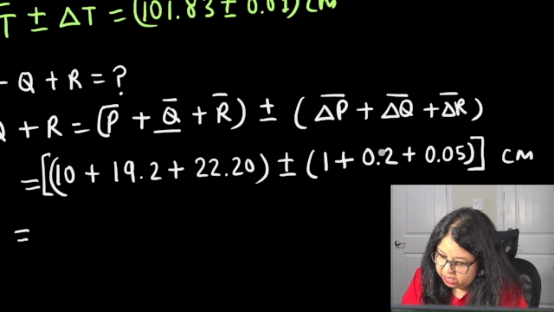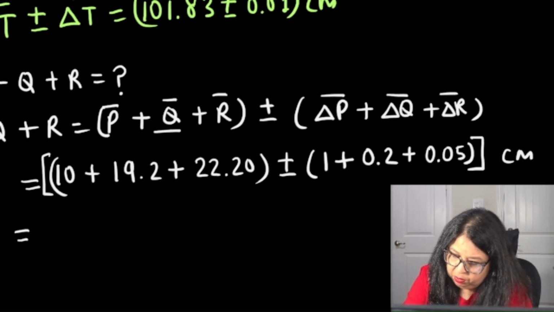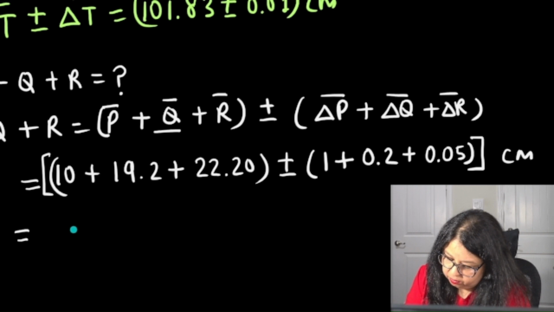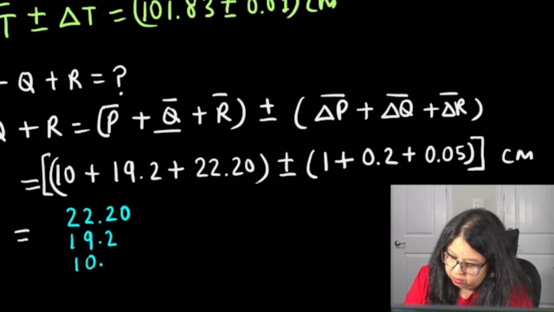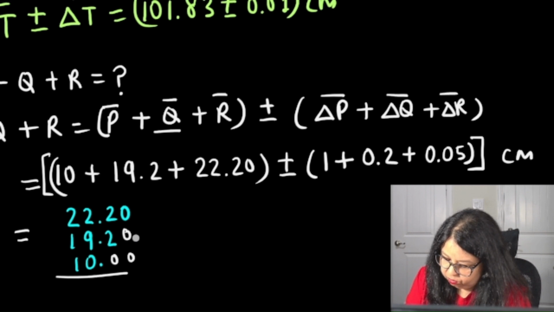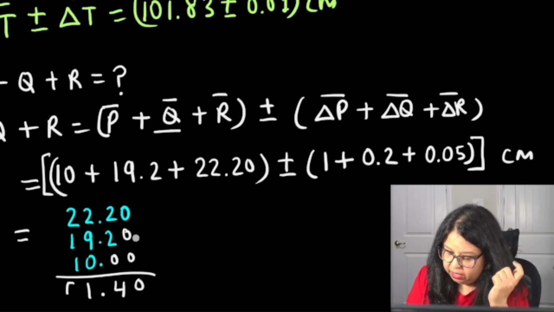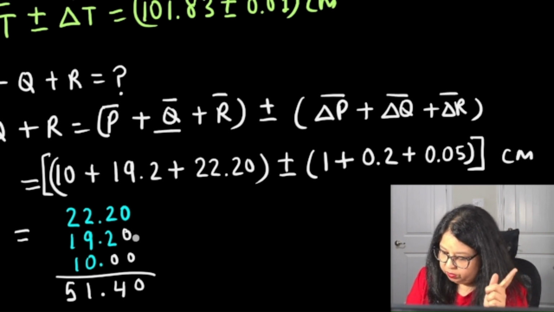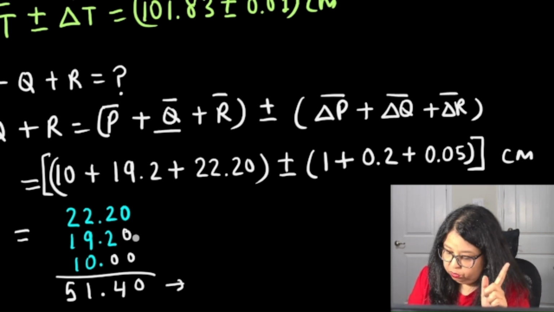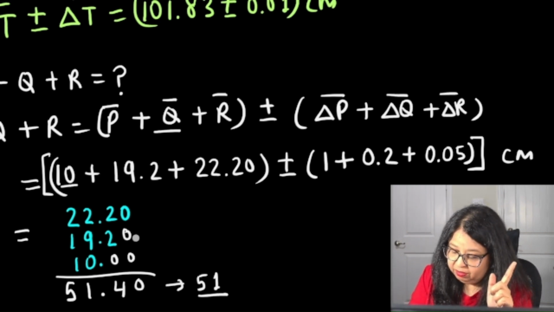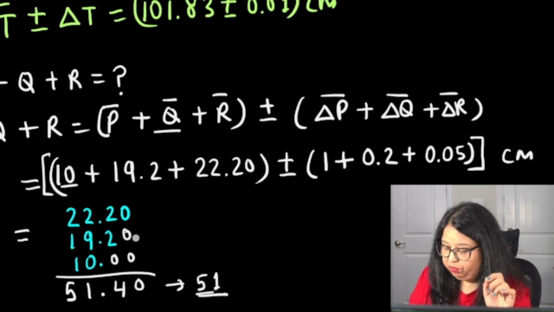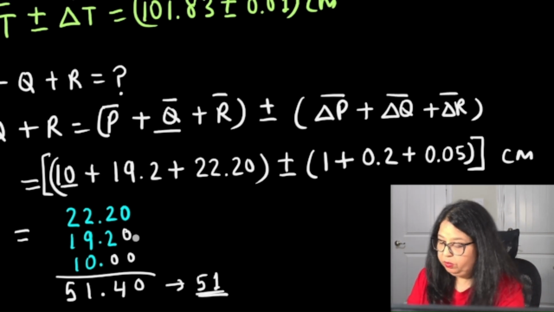Here's what I'm going to do. I'm going to line these up: 20.20, 19.2, 10. 0, 0, 0, 0, 4, 9 plus 2 is 11, and here we go, 51.40, which will be rounded to 51. Why? Because this 10 is a whole number. Therefore, the final answer has to be a whole number.